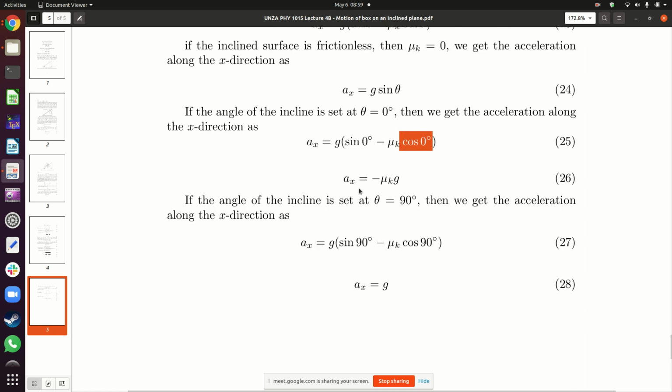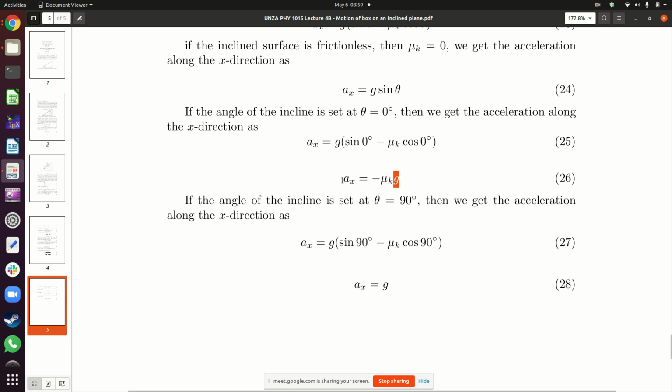So in that case, you end up having a_x, which is the acceleration of an object sliding on a flat surface on its own, equal to the coefficient of kinetic friction multiplied by g.